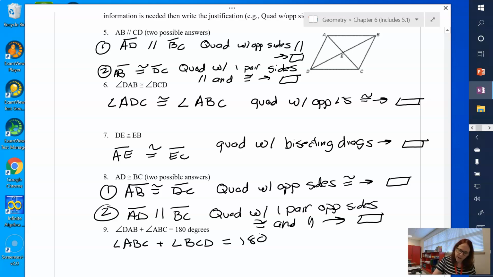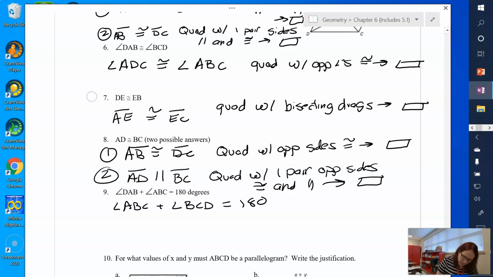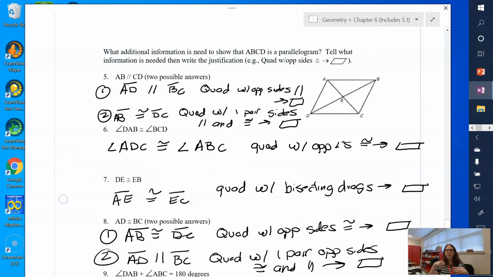Now let's work our way around. Angle BCD plus angle CDA equals 180. That's the second pair of consecutive angles that need to be supplementary.